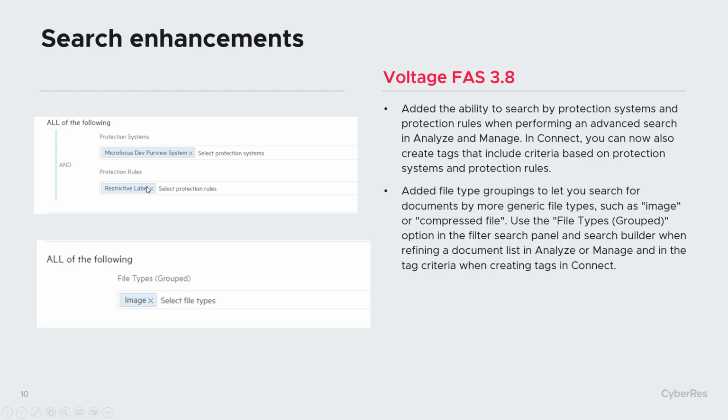This is particularly useful if, say, all documents that have credit cards should have a restrictive label. So you could then do a search for the particular grammar and particular label at the same time.